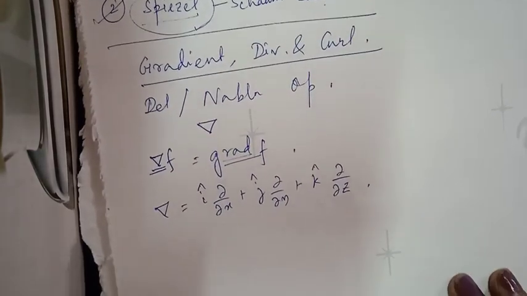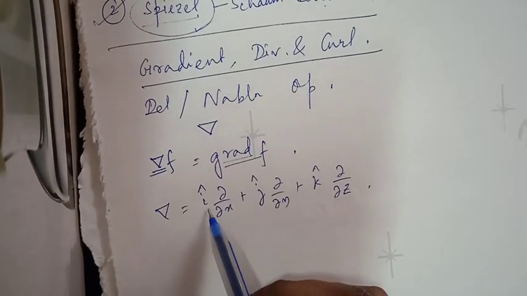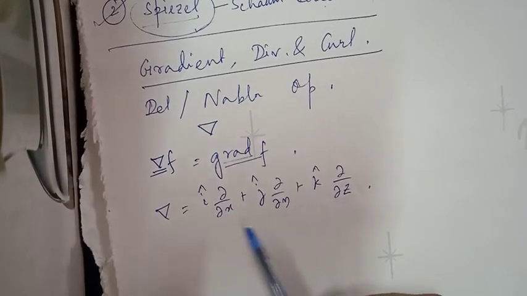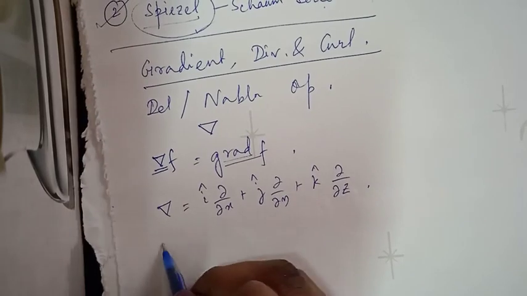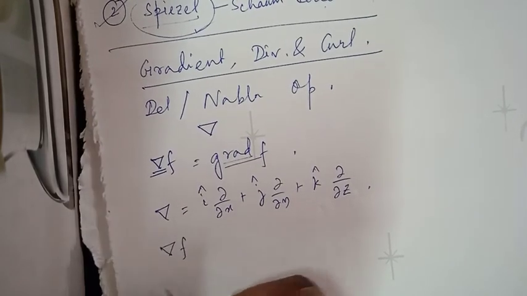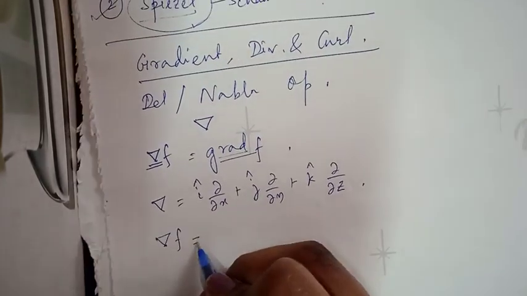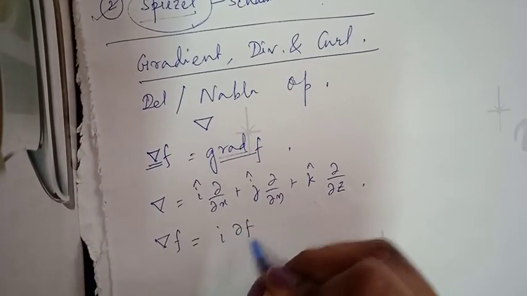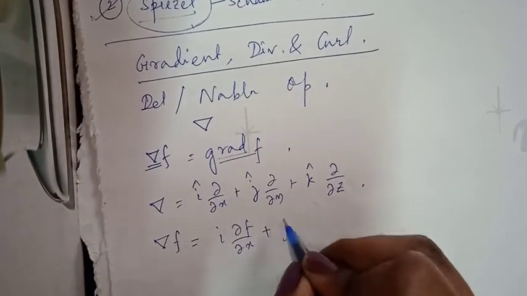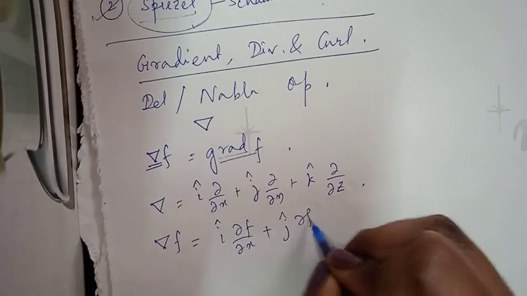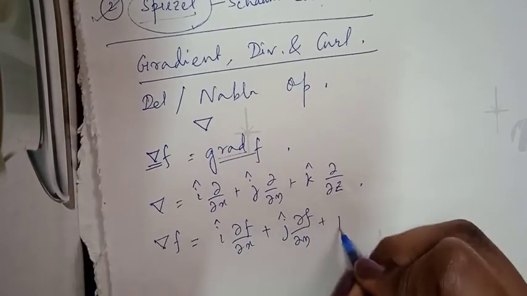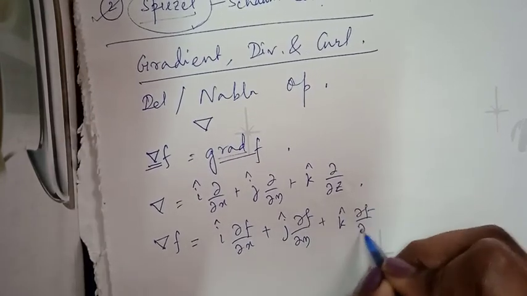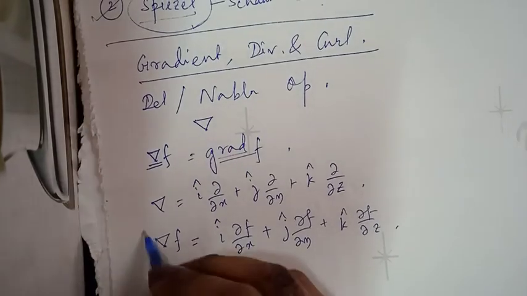So it's an operator and it is a vector because it contains all these three components i, j, k. So if you apply this over the function f, that is grad f, it will take the value i del f/del x plus j cap del f/del y plus k cap del f/del z. Okay, this is called grad f.